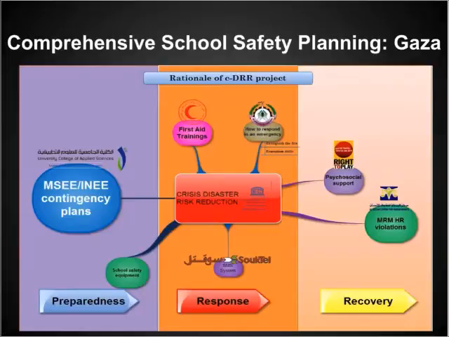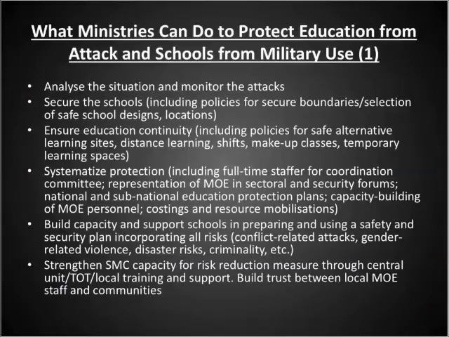Continuity of education by one means or another, systematized protection, maybe have a focal point in the ministry and at subnational levels, help schools to prepare school plans, which of course many schools will find difficult, and strengthening the school management committee's capacity for risk reduction.